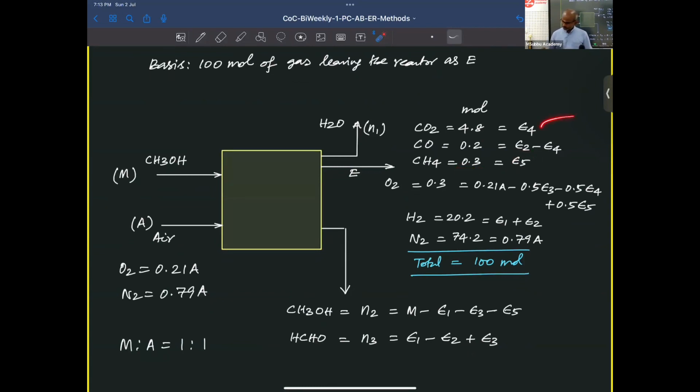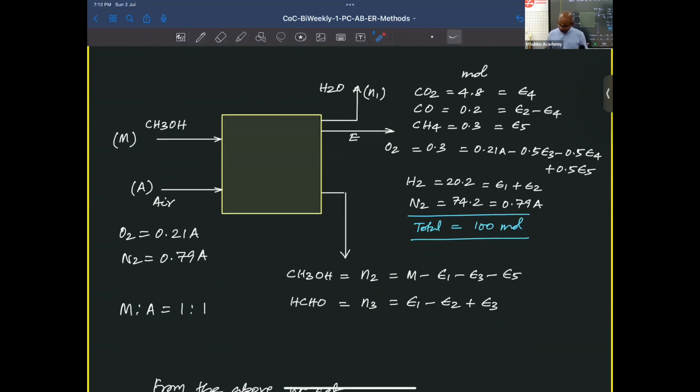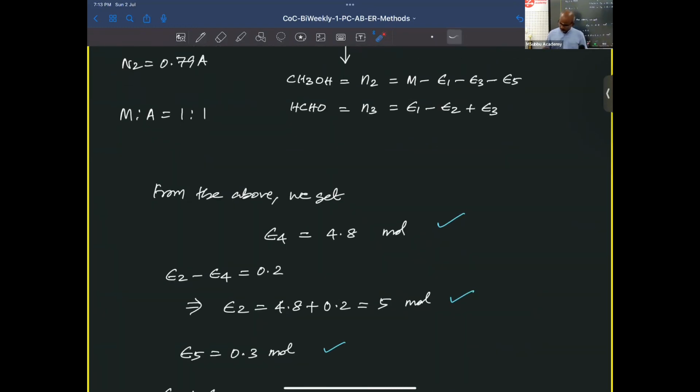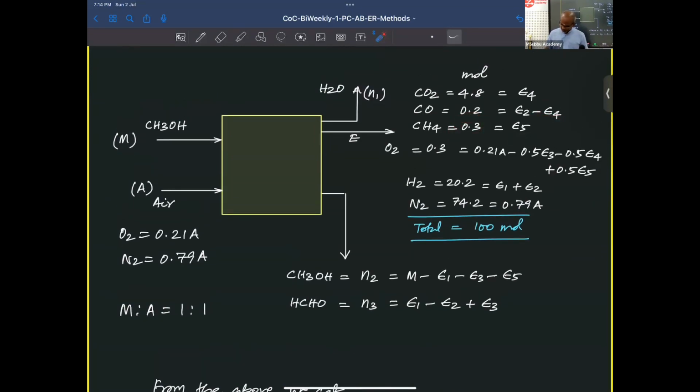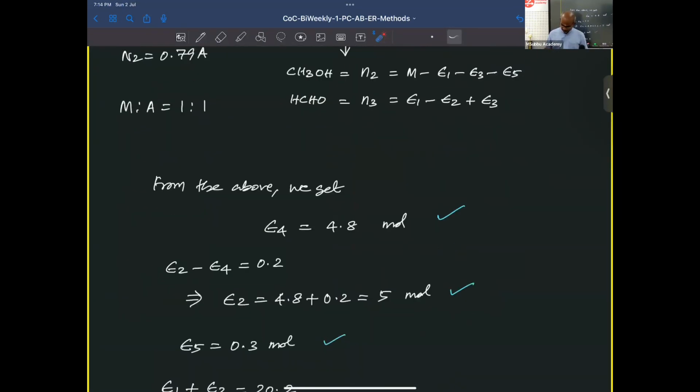These values are now coming directly. What is needed in these problems is to first solve for the extents of reaction. E1, E2, E3, E4, E5 are to be solved so as to get N1, N2, N3, N4, whatever the unknowns. By using the available information, we can solve for some of the reaction extents, and then the other things come automatically.